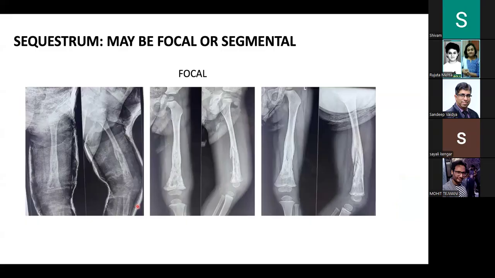All sequestra are not alike. There are different varieties of sequestrum. You have to understand that sequestra can either be focal or segmental. Here is an example of a focal sequestrum. By focal, I mean that the entire circumference of the bone has not become necrotic. Only a part of the cortex has become necrotic. And focal sequestra are good because their removal doesn't lead to structural instability.